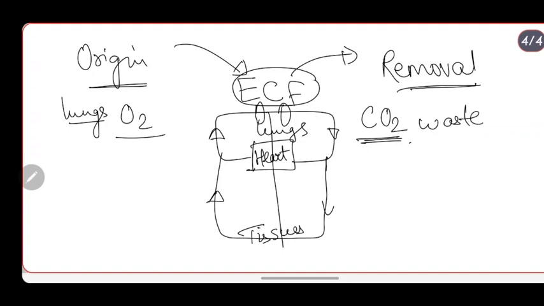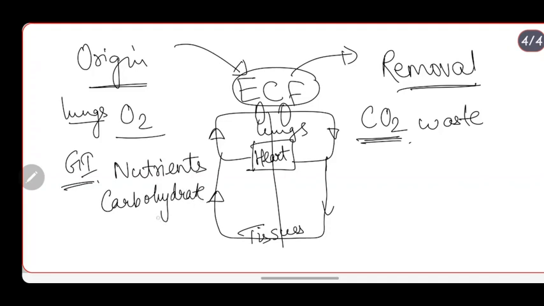Now similarly we have the GI tract. Nutrients are absorbed into the blood from the GI tract, nutrients like carbohydrate, or you can say glucose, then we have fatty acids and amino acids.